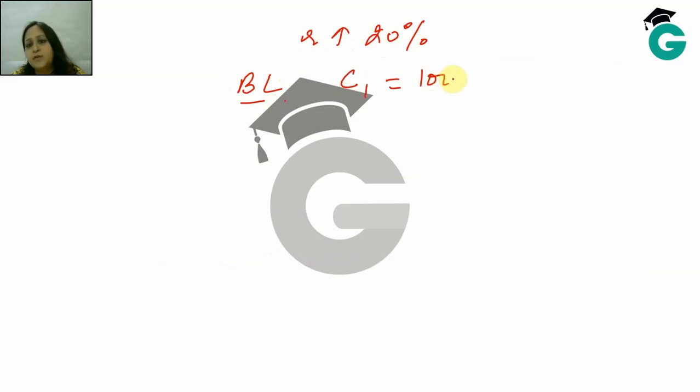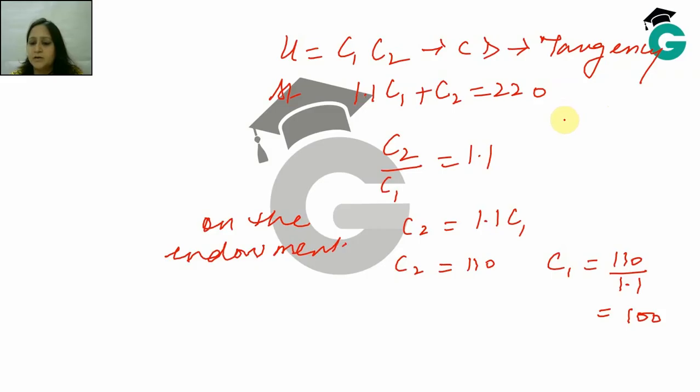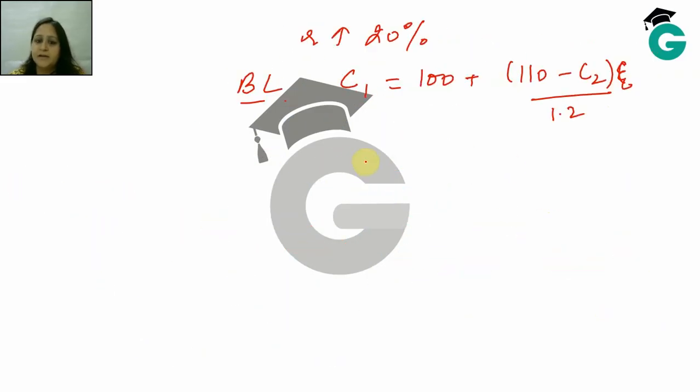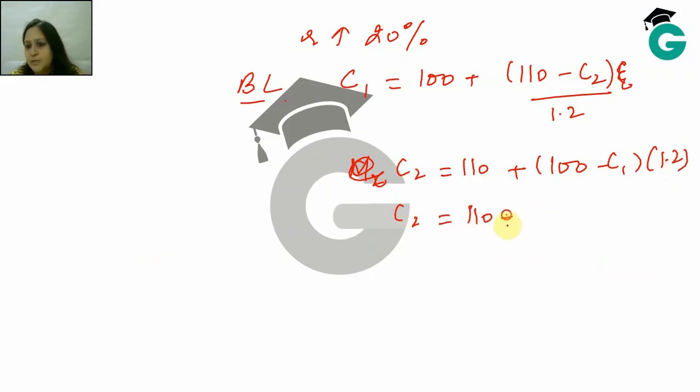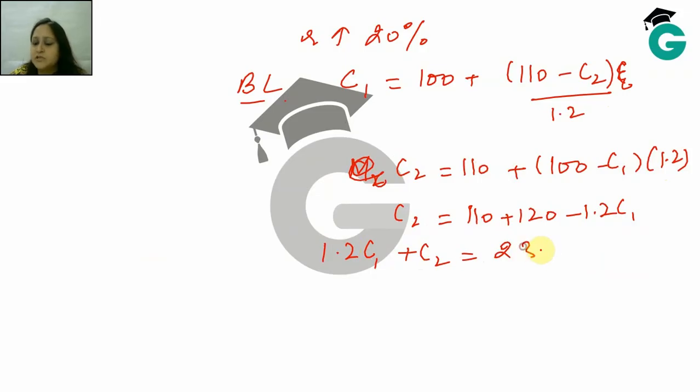C1 is equal to M1 plus M2 minus C2 divided by 1 plus R. Or I can say C2 is equal to M2 plus M1 minus C1 into 1 plus R. So C2 is equal to 110 plus 120 minus 1.2 C1, or I can write 1.2 C1 plus C2 is equal to 230, right?